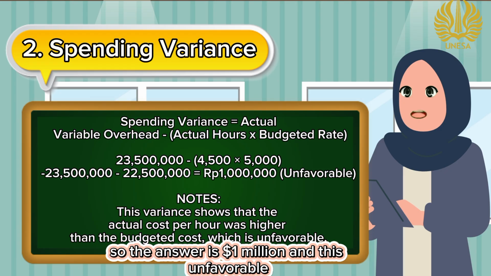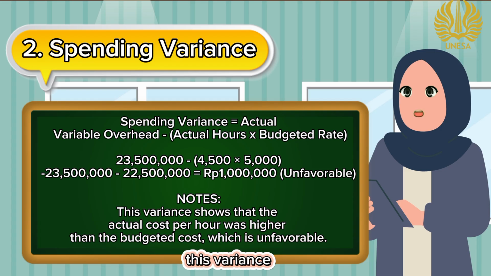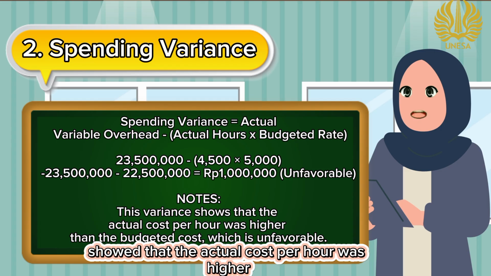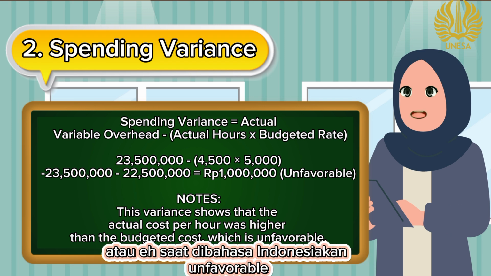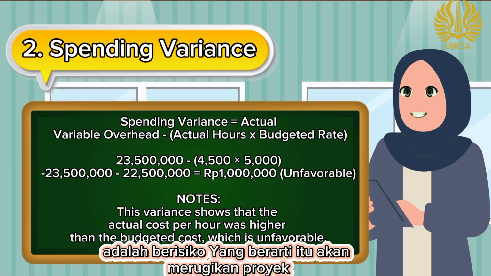The answer is 550,000 and this is unfavorable. This variance shows that the actual cost per hour was higher than the budget cost, which is unfavorable. Atau saat di bahasa Indonesia, unfavorable adalah beresiko, yang berarti itu akan merugikan proyek.